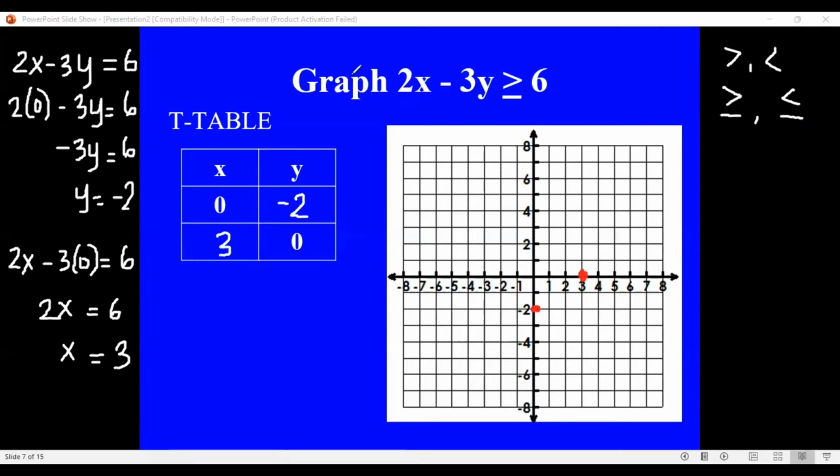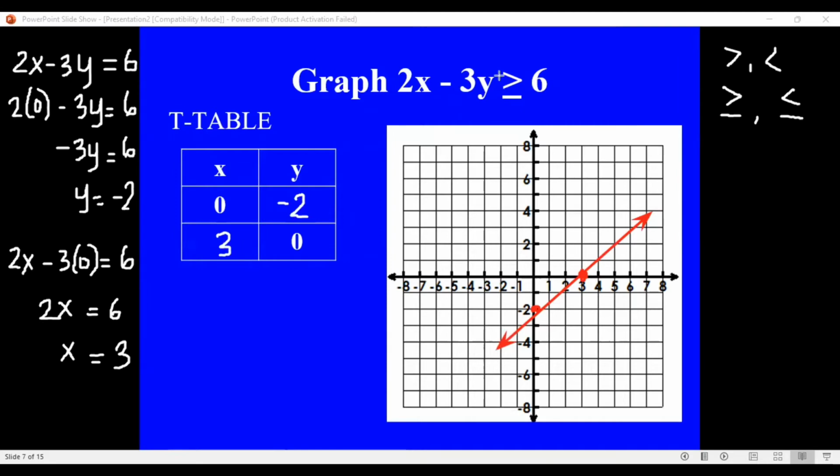The next thing that we have to note is whether there is an equal sign. If there is the equality sign, like in this case, where you have greater than or equal to, then the line that we are supposed to form is what you call a solid line. Now, what if it's just greater than and we cannot see the equal symbol?